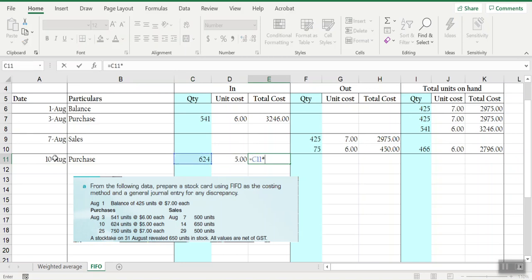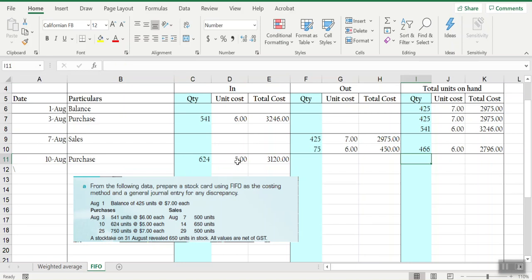So we've got more items coming in. This time they cost us $5. So first off, when we do up the balance over here on the end, units on hand, we've got to account for this amount. Some decimals there. Just get rid of that colour.